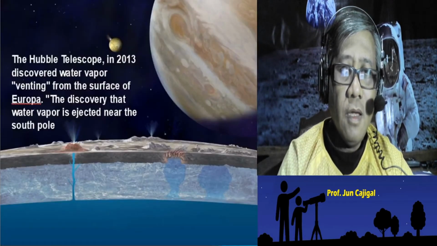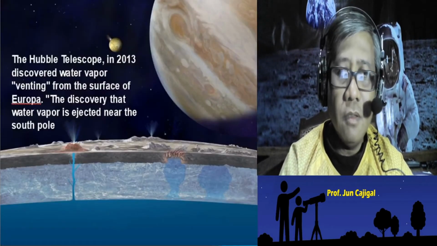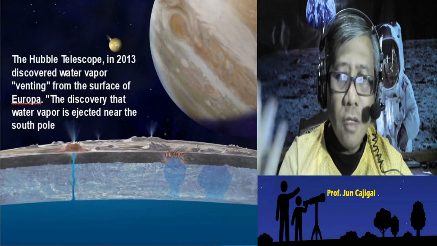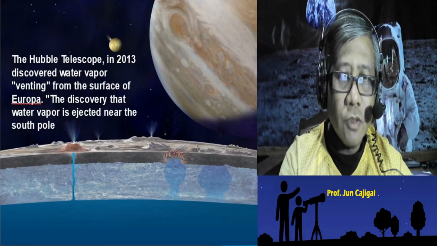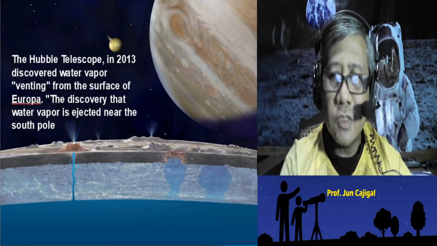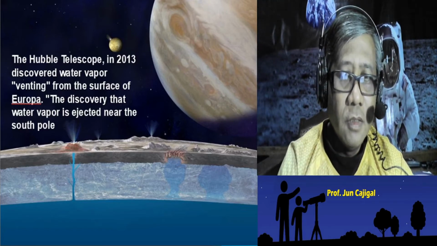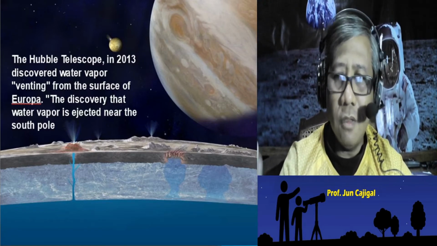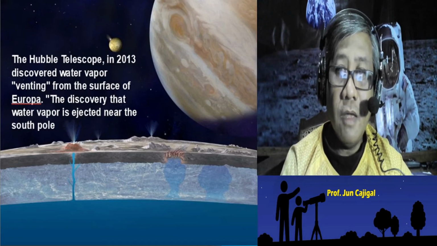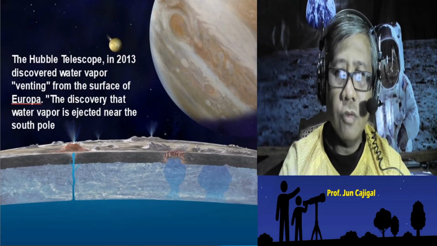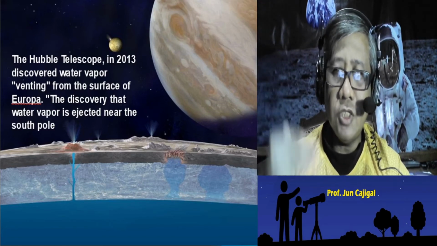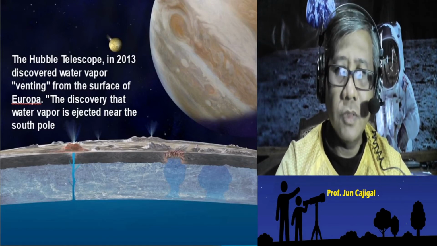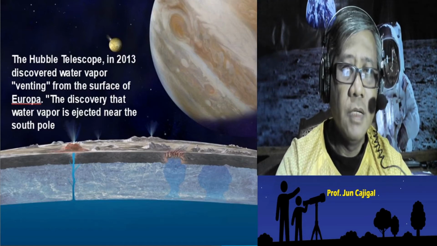Okay. And in 2013, the Hubble Space Telescope discovered water venting from the surface of Europa. Venting meaning parang geyser. Diba? So, this discovery of water vapor that is ejecting would be an evidence that there's liquid water beneath the icy sheet of Europa, as discovered by the Hubble Space Telescope.